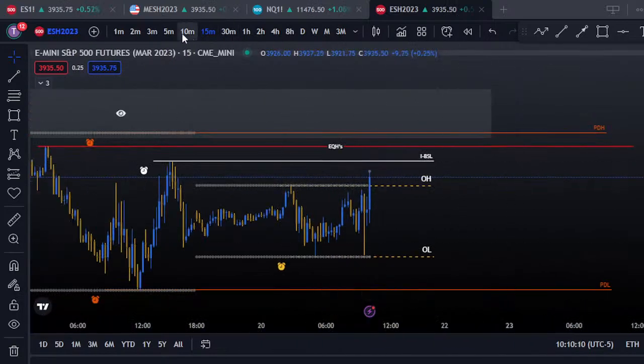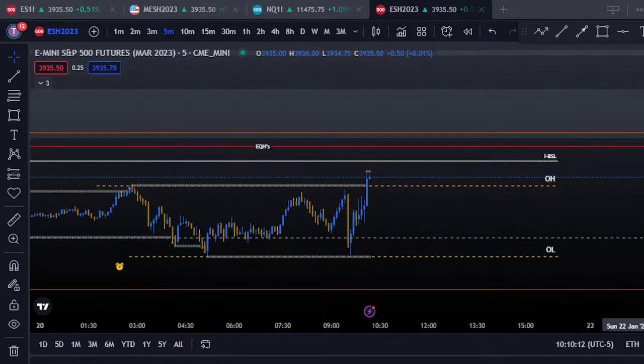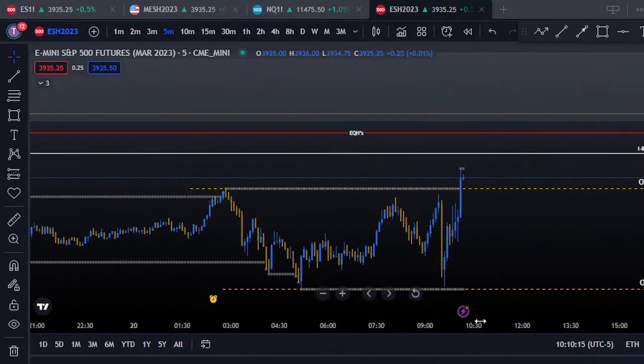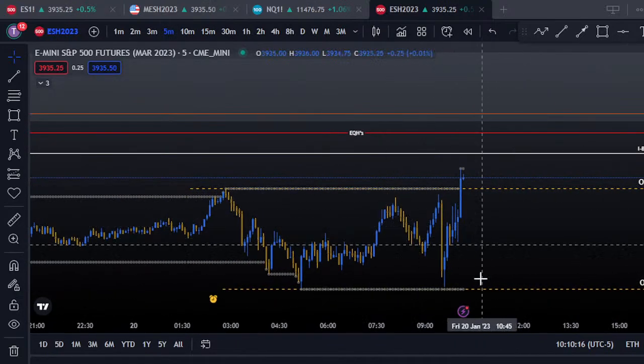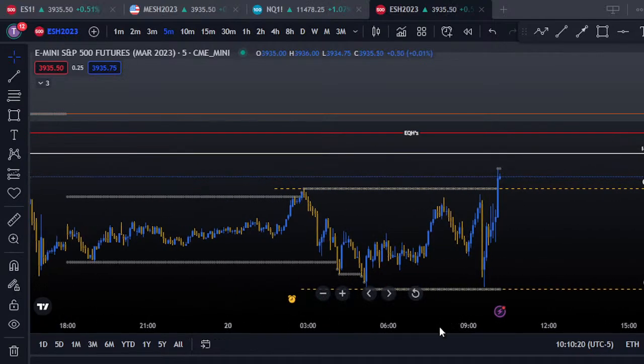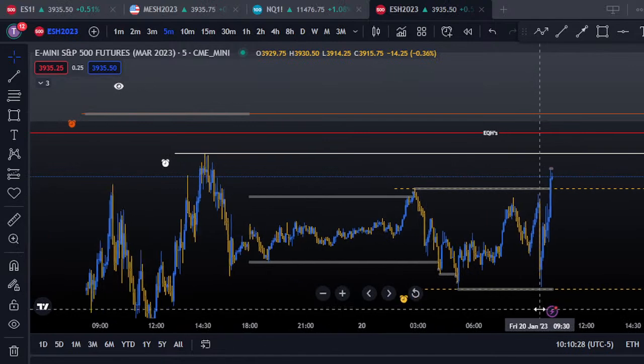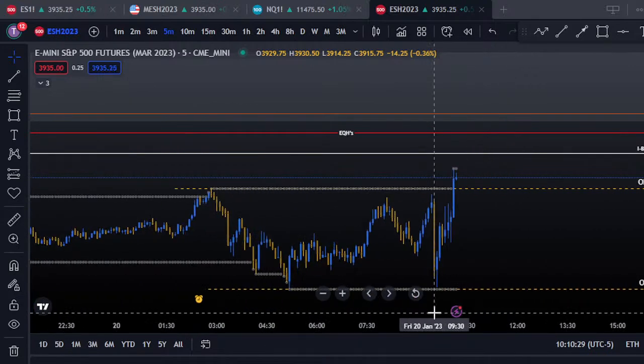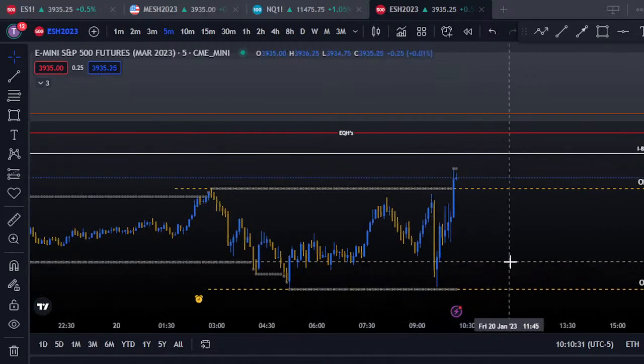Okay, let's go down to the 5 right quick. So we closed above on the 5. We closed above the overnight high. Still no play for me. I mean, there are some plays depending on how you trade. It's definitely some plays here for someone. Not by the way I trade. Still nothing for me to see.